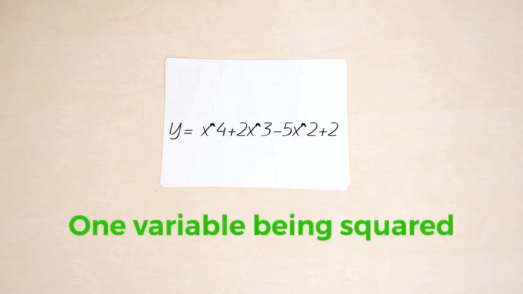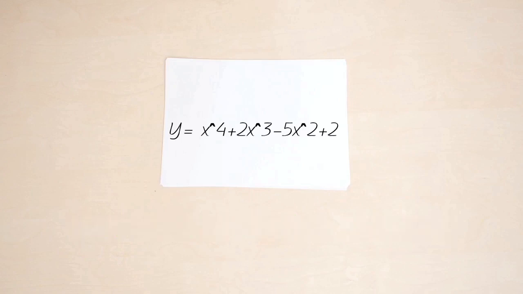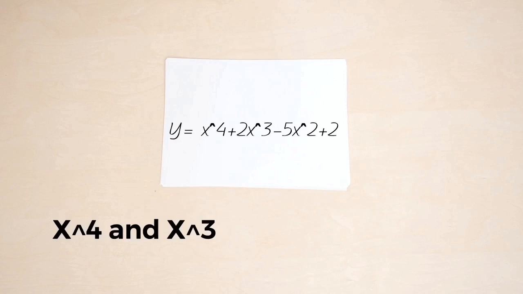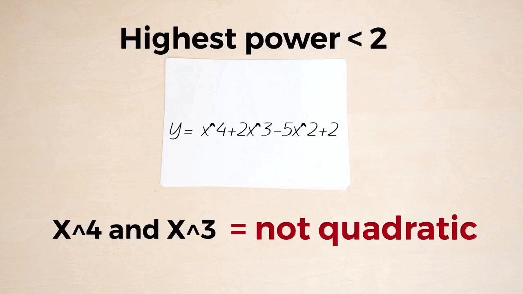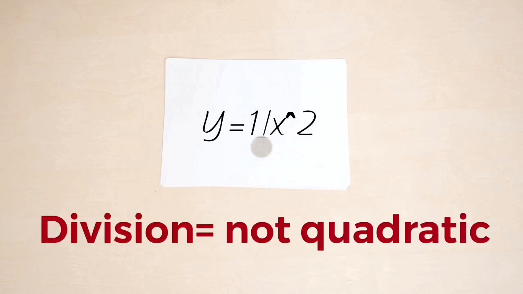Even if there is one variable being squared in that equation, x to the fourth power and x to the third power automatically make this equation not quadratic because the highest power is greater than 2. A final example of an equation not fitting the quadratic requirements include y equals 1 divided by x squared. Unfortunately, any division of a variable that shows up in an equation is automatically not quadratic.